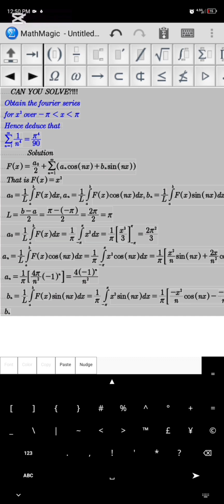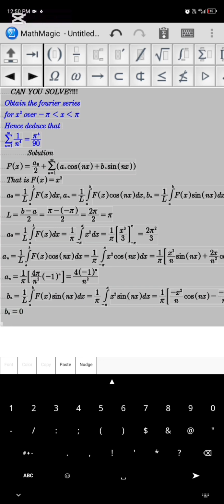So we've gotten the value of a naught, the value of an, and we have also gotten the value of bn. So we can obtain the Fourier series for the given function.